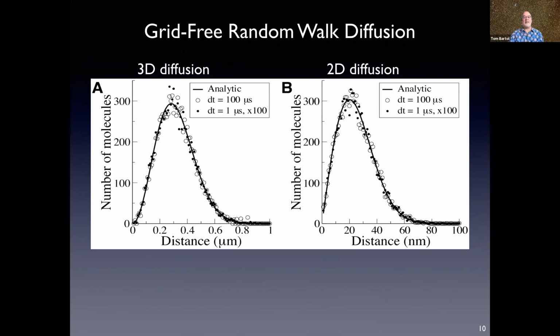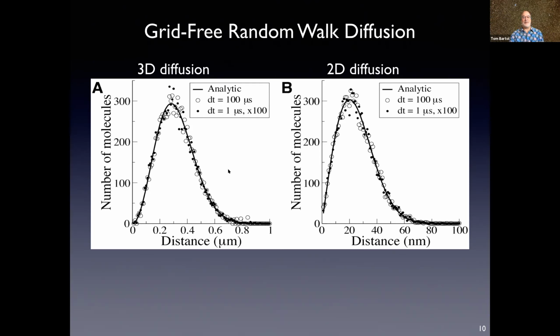What's cool about the grid-free random walk method that we've implemented is that even after a single time step of 100 microseconds, which should be an equal delta t to 100 times 1 microsecond, we still recover the shape of the analytic solution. Even a single time step reproduces the shape of the probability distribution function that we're trying to get.